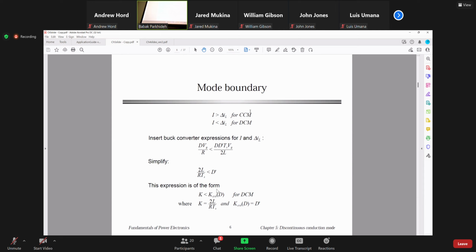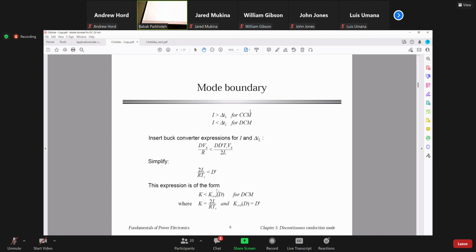If you have 20 volts in and you want 10 volts out, then D prime is 50%, 0.5. So you just calculate 2 times L divided by nominal R times Ts. If it's smaller than 0.5, then your converter operates in DCM. If it's greater, it's in CCM.